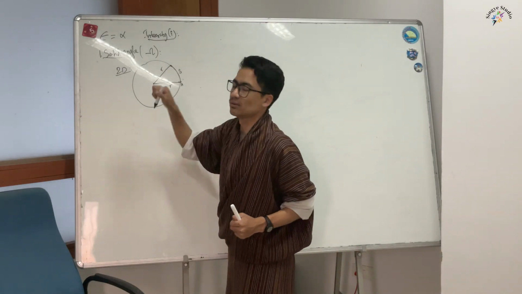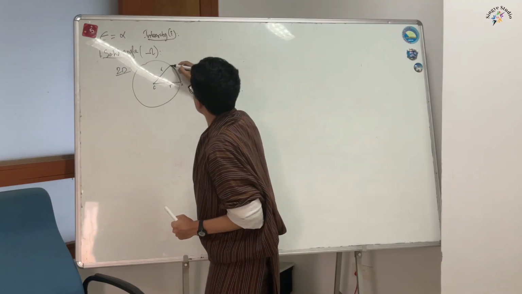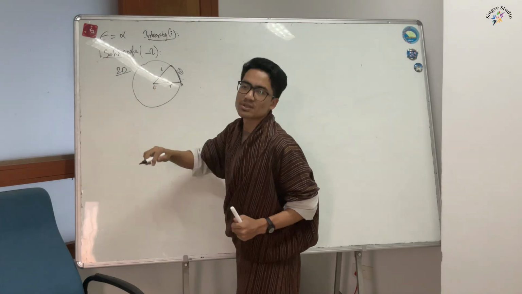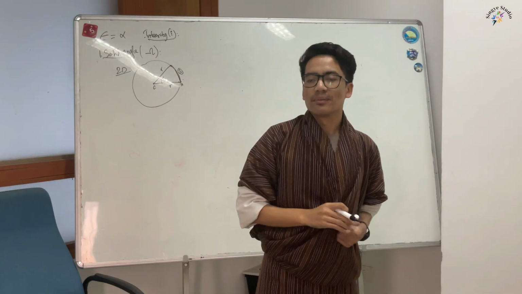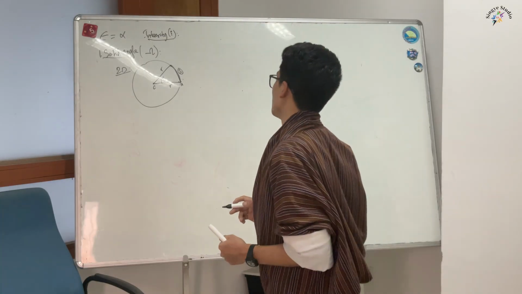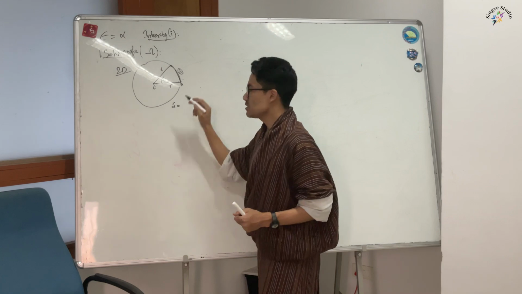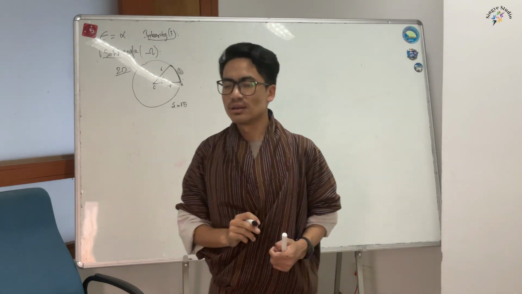Therefore, when I travel the arc S along the circumference of the circle, the angle traversed is theta. So we get that S, the length of the arc, is the product of the radius times the angle in radians.